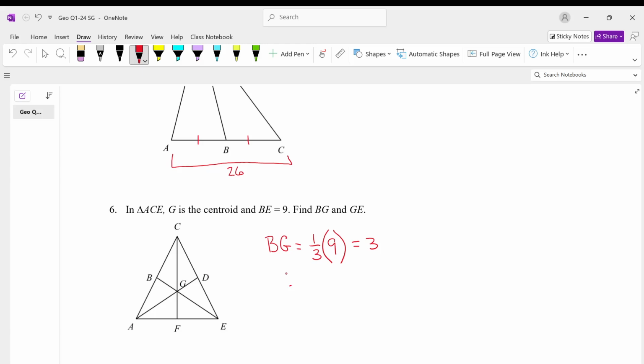And then the large piece, G to E, is equal to the short piece times 2. So the long piece is 6. Short piece is 1/3 of the entire length. The longer piece from the centroid to the vertex is 2/3 the distance, or it's twice as big as the shorter piece.